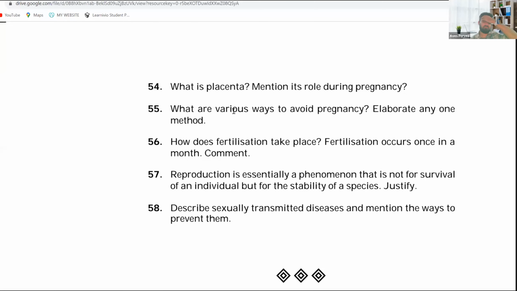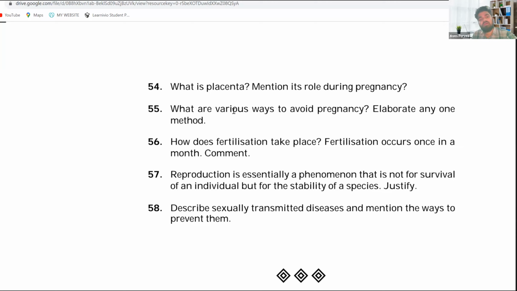The next one is, what is placenta, and mention its role during pregnancy. It is a physiological connection between the mother and embryo.